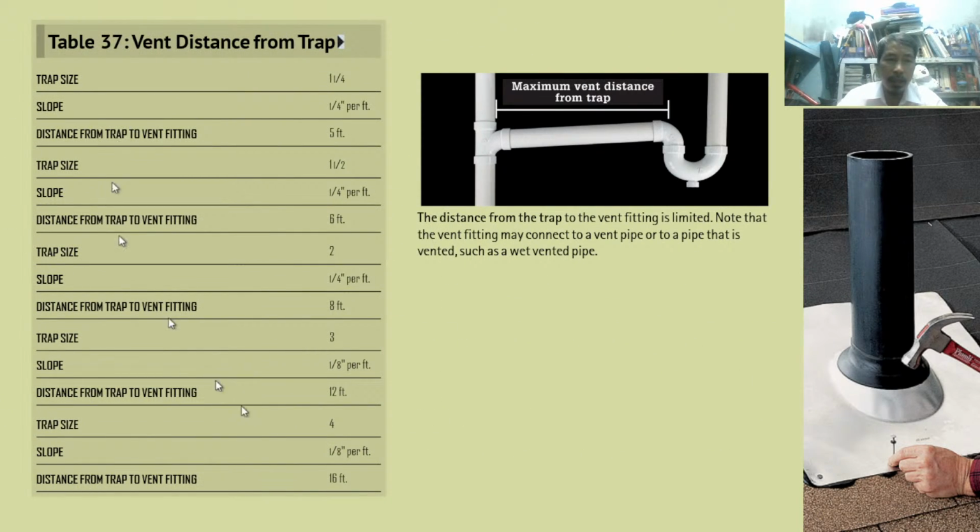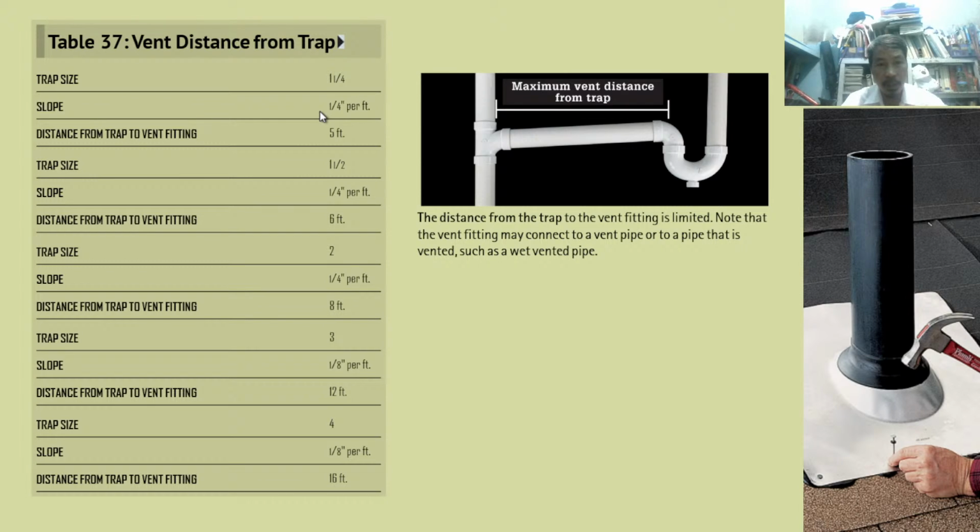Okay, let's look at the table 37. Vent distance from trap. Okay, so we have trap size 1 and 1/4. Slope is of course 1/4 per foot. Distance from trap to vent fitting 5 foot.